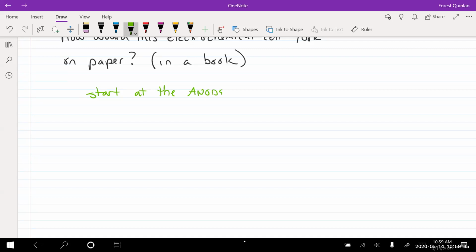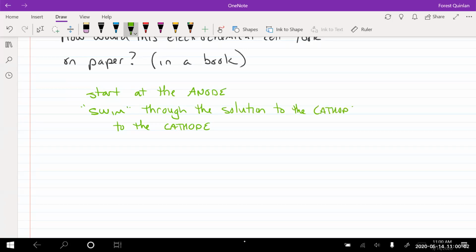Start at the anode, swim through the solution to the cathode. Didn't think I'd have enough room, but I did. Tell me what you see.